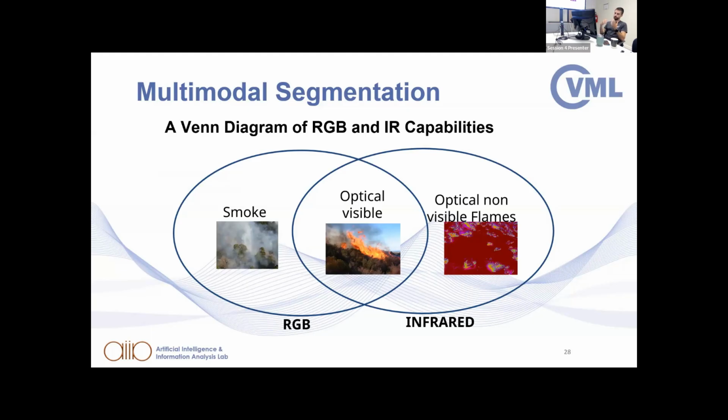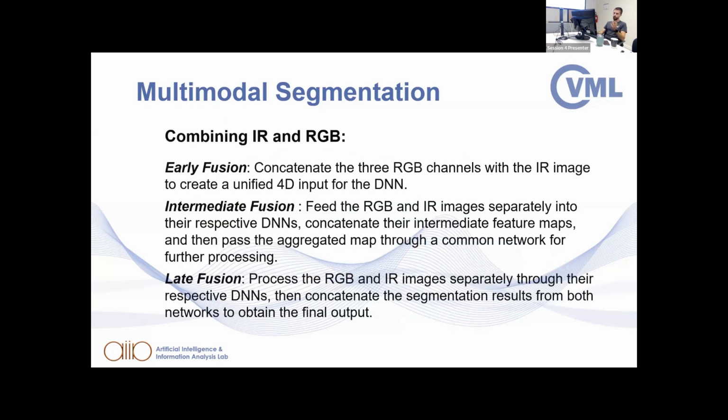If we use RGB, we can detect the visible fires, but we can also detect the smoke. And if, at the same time, we use the infrared, we may not detect smoke, but we detect even the visible and non-visible fire that is below the smoke. So if we combine these two, we'll have, let's say, the optimal input for a neural network.